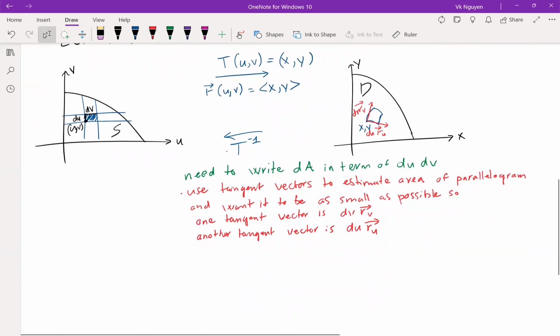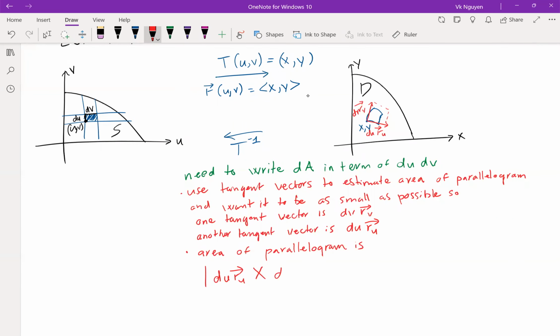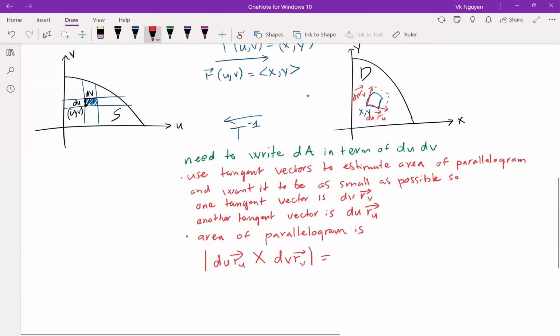Now, once you have this, you can write out the area. If you remember from math 1C, the area of a parallelogram is the cross product of r_u du and r_v dv. Du and dv are constants, because they have nothing to do with the cross product.